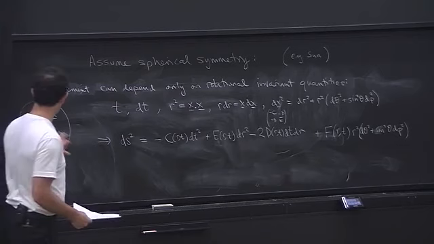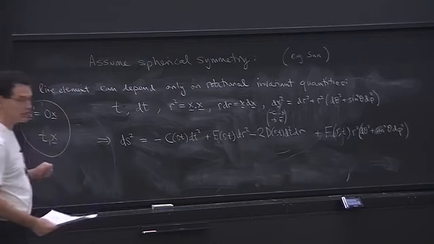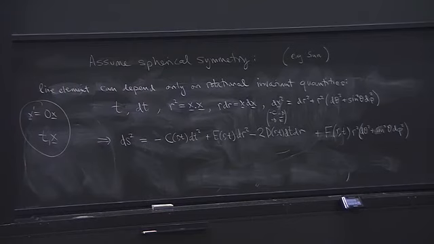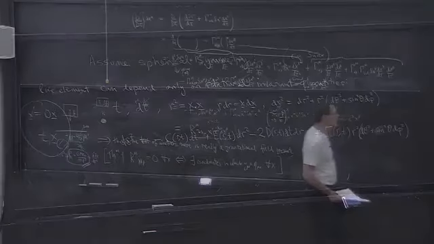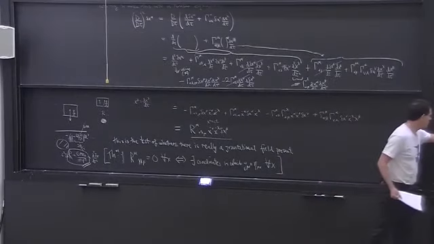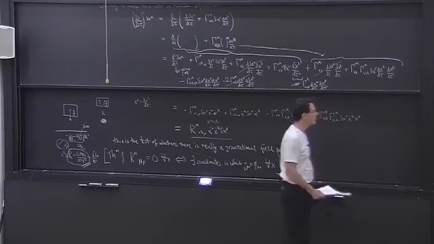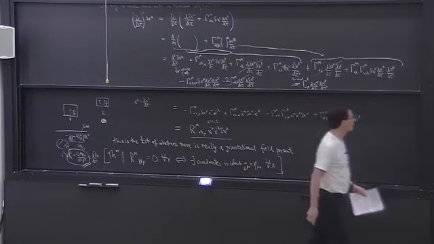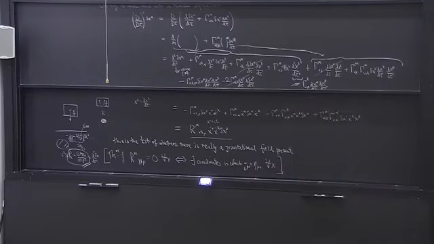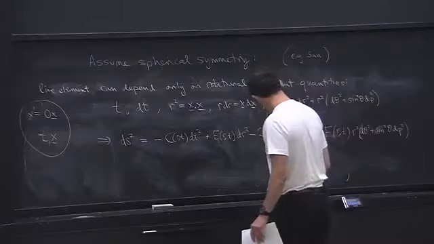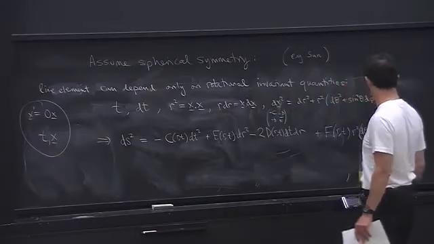Okay, this expression, if I define x as a column vector, r sine theta cos phi, r sine theta sine phi, r cos theta, the metric is invariant under rotational symmetry. So this is the most general spherically symmetric metric.